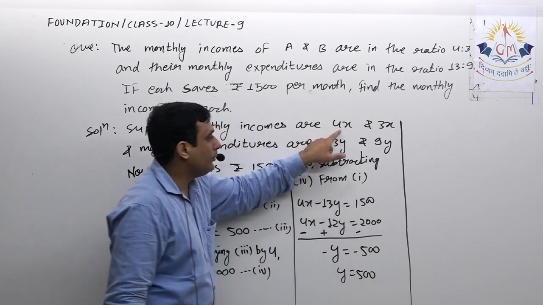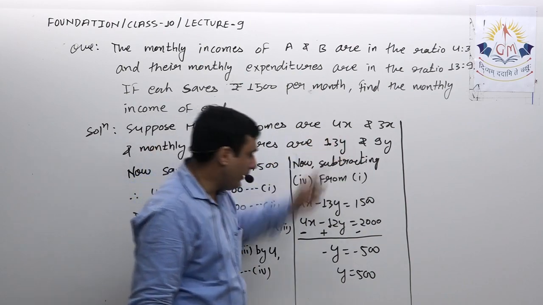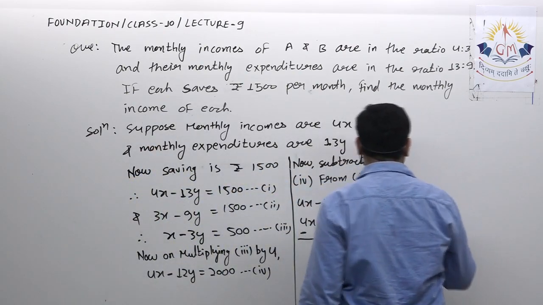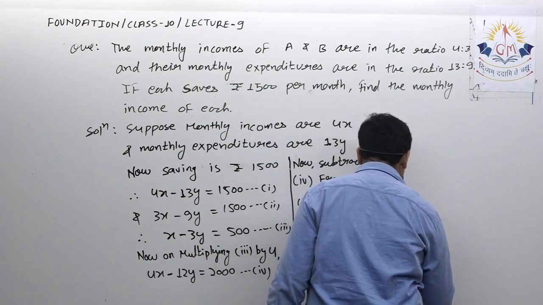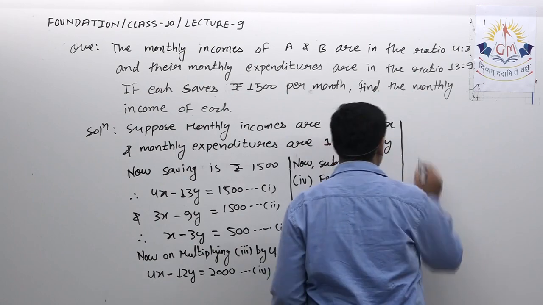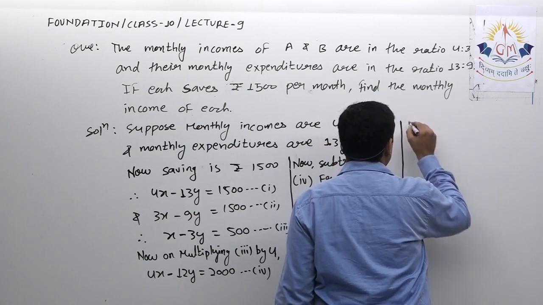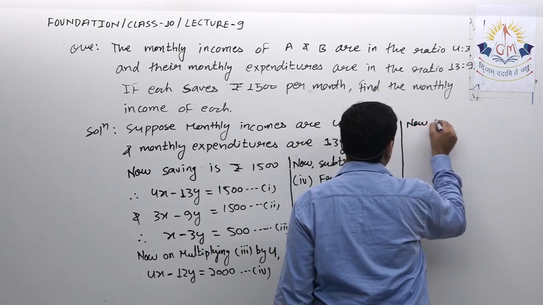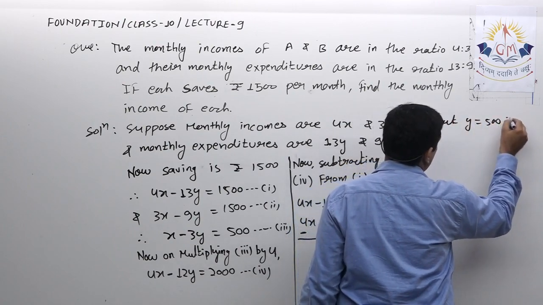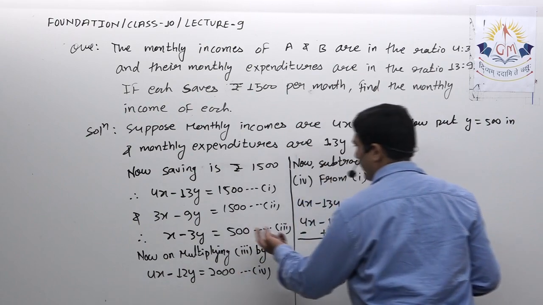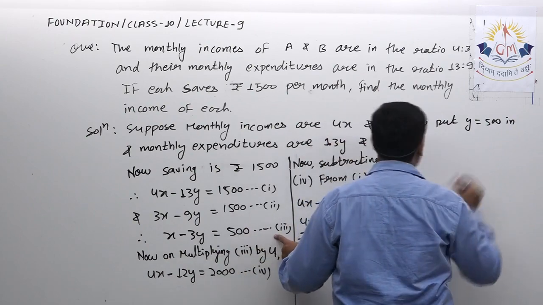Monthly income. That means we need to get the value of x. So next we'll put y equal to 500 in first, second or third. So I am putting it in third.